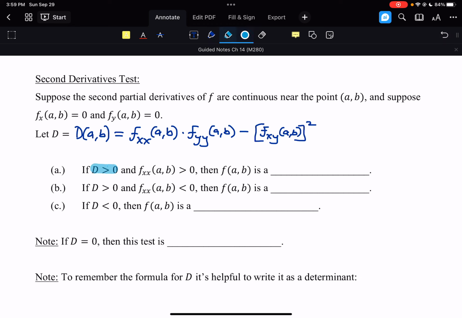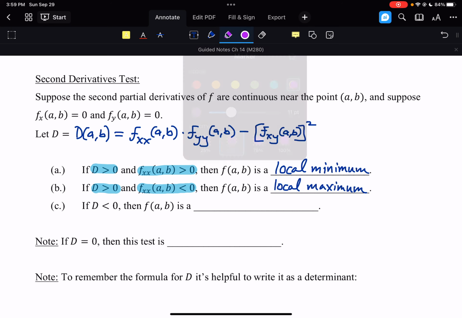If D is positive and fxx is also positive, then our value is a local minimum. If D is positive and fxx is negative, then we get a local maximum. So these are the max and min cases. We're looking for D to be positive to have a max or a min.